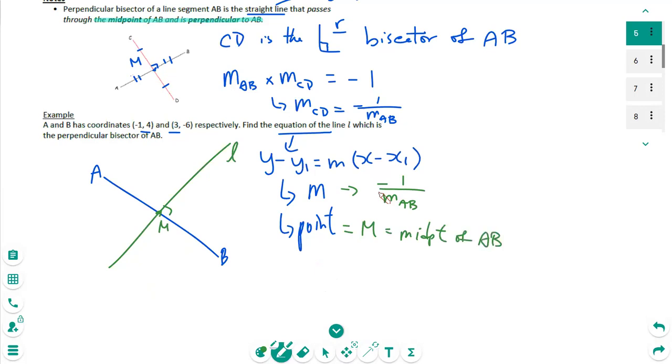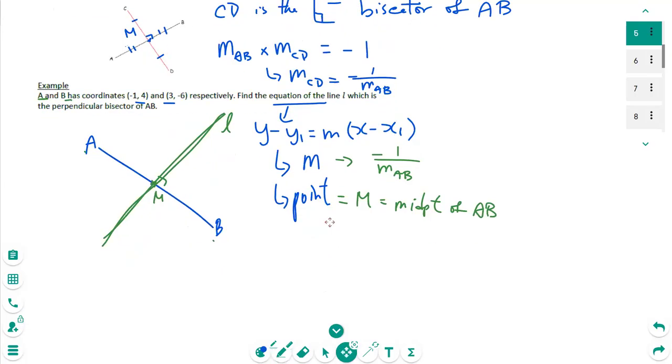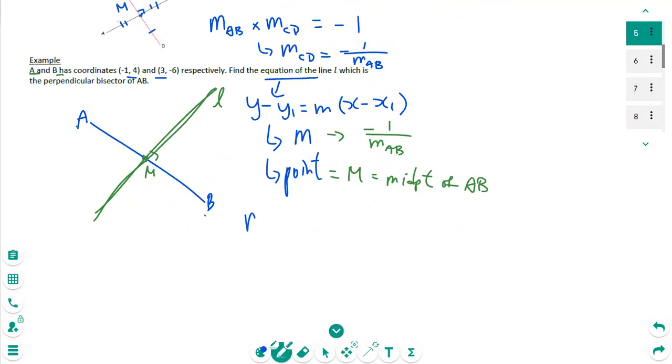We can't use the point A or B because the line L does not pass through A nor B. We have to use the midpoint M. Okay, right, so let's work it out. Let's work out the gradient of AB first. So m_AB equals (y2 minus y1) over (x2 minus x1), which should give you -5/2.